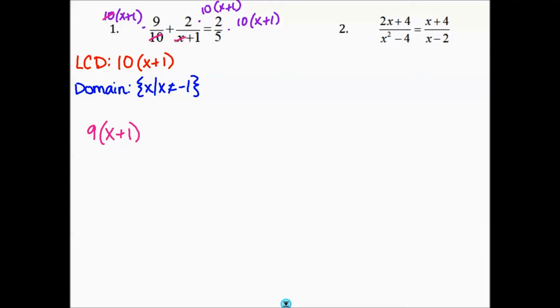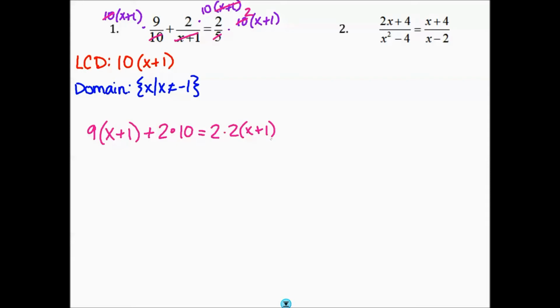In the second fraction, the x plus 1s cancel, so we're left with 2 times 10. And in the third fraction, we can simplify 10 over 5. So we're left with 2 times 2 x plus 1.